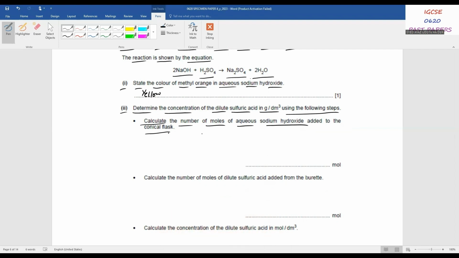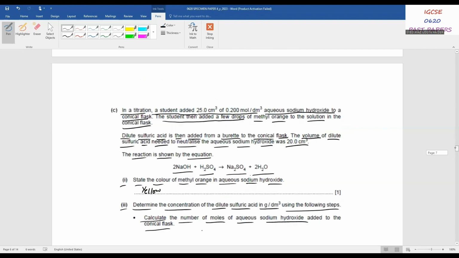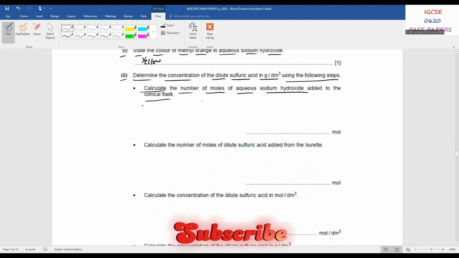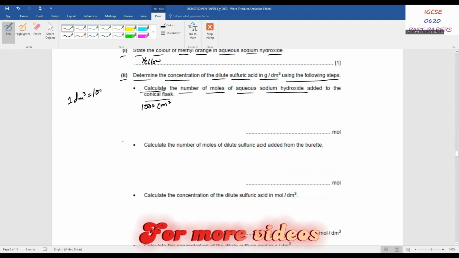So we know the strength of sodium hydroxide, it's 0.2 mole per dm³, and the volume is 25 cm³. So you write 1000 cm³, because we know 1 dm³ is equal to 1000 cm³. 1000 cm³ contains 0.2 moles.